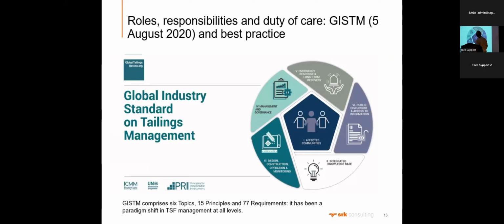And number six is public disclosure and access to information. So the GISTM comprises 6 topics, 15 principles, and 77 requirements, of which the engineering portion is about 40. So just more than 50% of the GISTM is related to engineering.